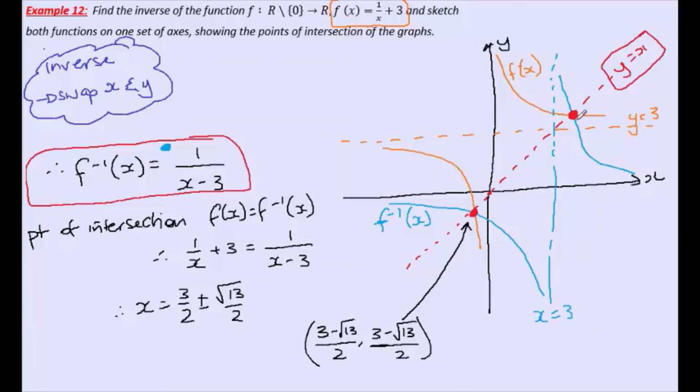And up here, I know that this point is going to be 3 plus root 13 over 2, and I'm going to go off the page here, but you're probably guessing I'm writing 3 plus root 13 over 2. And now I have the question fully answered. I've sketched both functions, I've even done them in colour for you, and I've found the points of intersection, and I've used the fact that I know y equals x to make the question a little bit shorter for me.